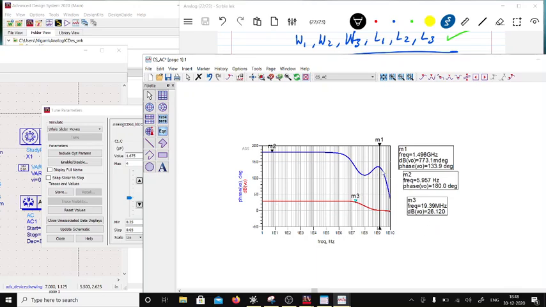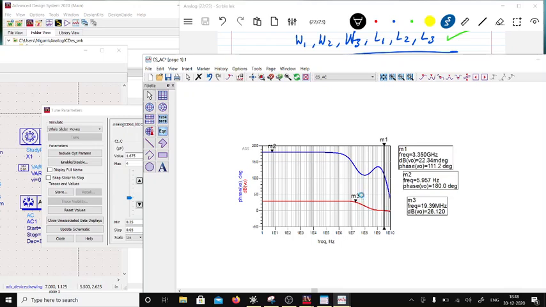And then I have put in a lead compensation or RC compensation such that I have a margin. I have a phase margin of roughly, let me put here, just 1 second.